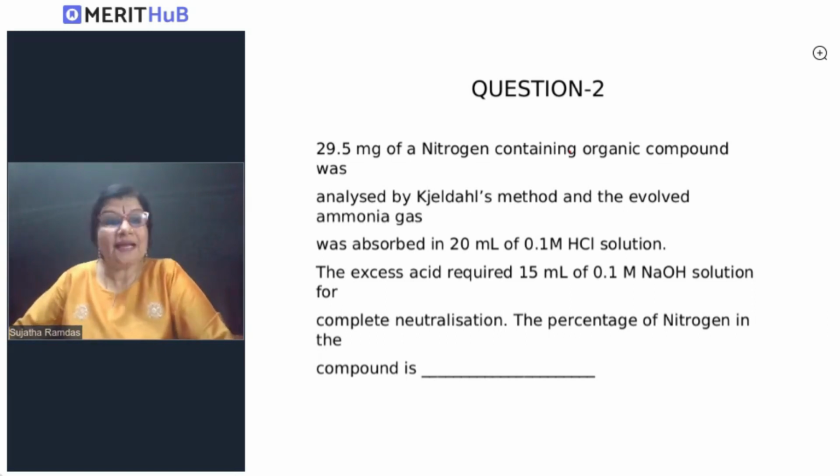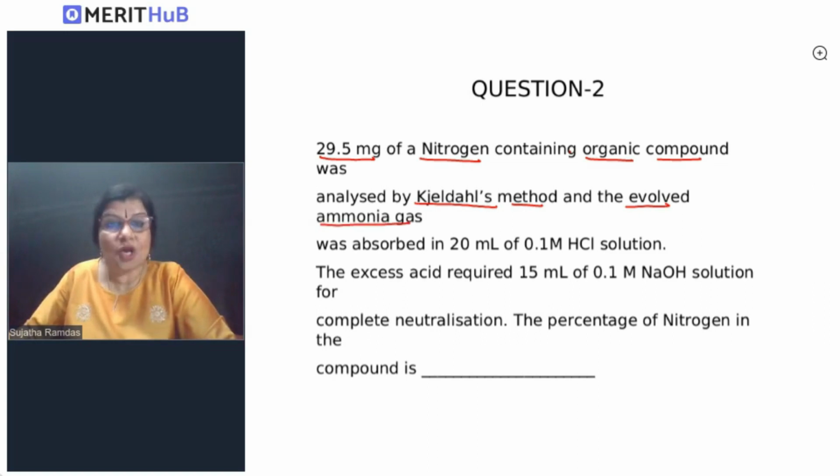All right, let's first familiarize ourselves with the question. 29.5 milligram of a nitrogen containing organic compound was analyzed by Geldal's method, right? And the evolved ammonia gas was absorbed in 20 milliliters of 0.1 molar hydrochloric acid solution.